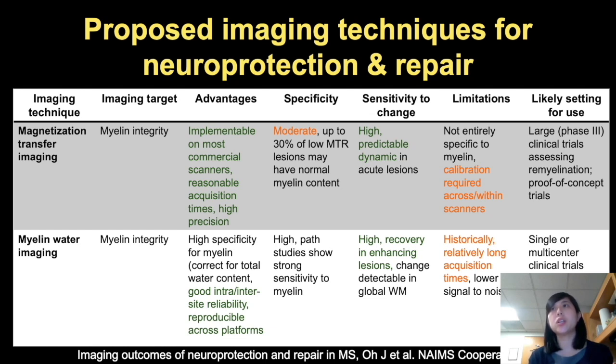It has high precision, but calibration may be required across and within platforms, which is further discussed in Katie Keenan's talk earlier in the symposium. And myelin water imaging has very good intra- and intersite reliability and is reproducible, but it has historically required long acquisition times, and there is active research ongoing to try to shorten those acquisition times.